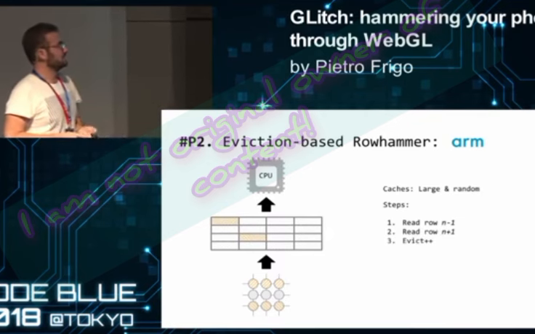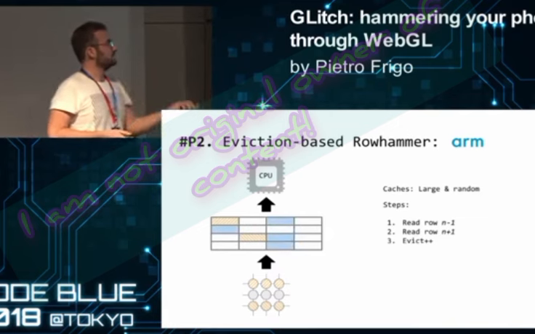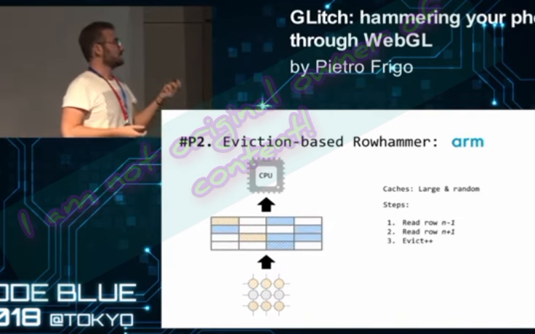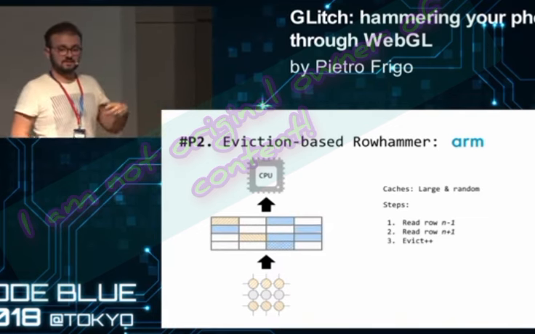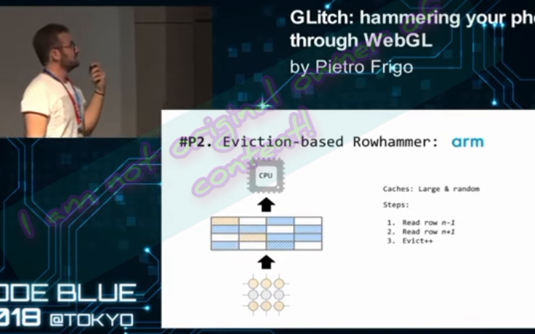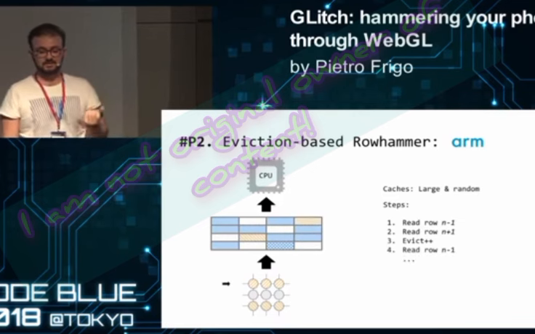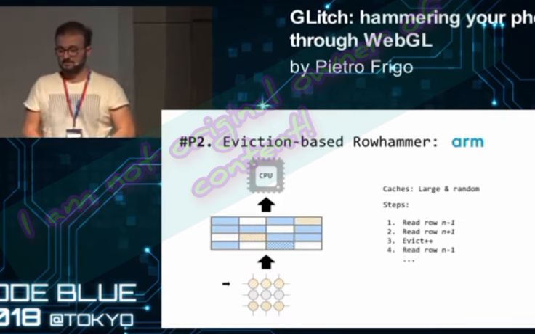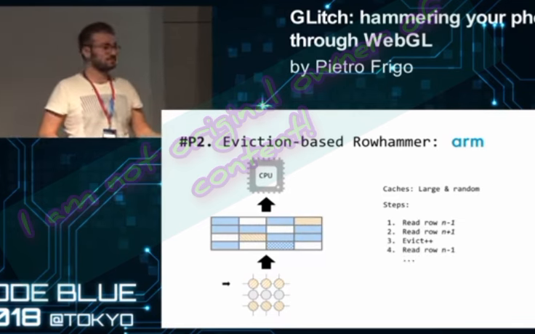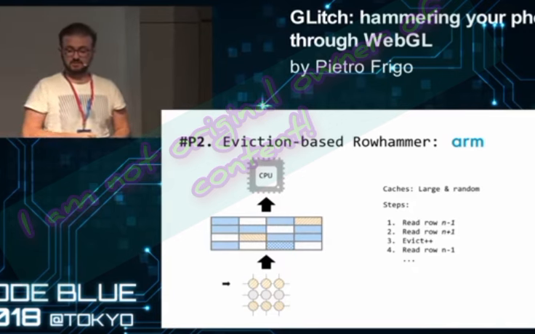And then you start evicting. You touch one page, another one, and you keep on doing it. Sometimes you may actually evict something that you use for eviction, so that's not really efficient. Until at one point you remove the content from the cache, and you can access it again for your bit flips. But this doesn't work because it takes forever since the cache is large, and as a consequence, this is not an option on ARM.